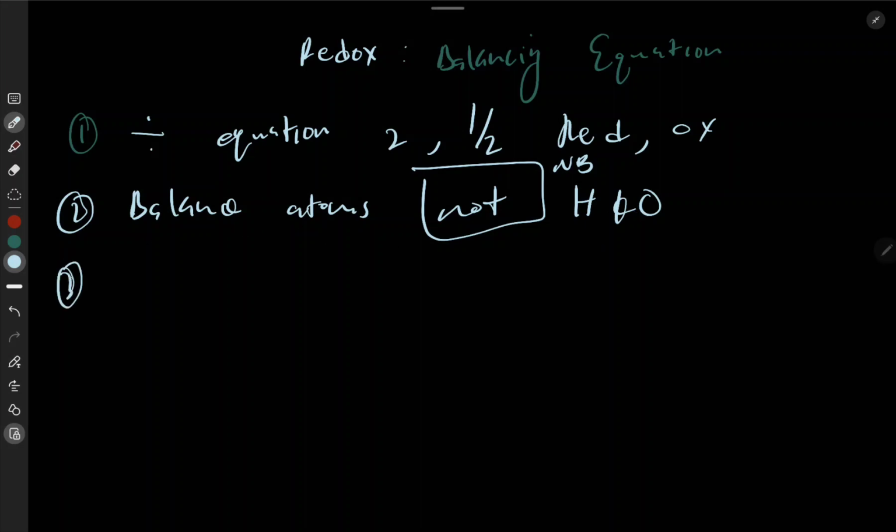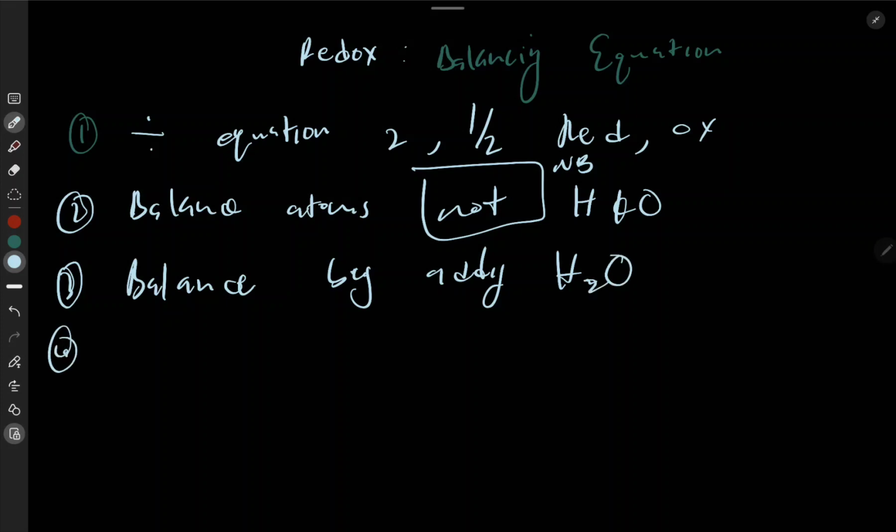And the third step is, now you have to balance that oxygen you missed. You balance it by adding what? By adding water. Okay, and the fourth step is, now balance your H by adding H pluses.